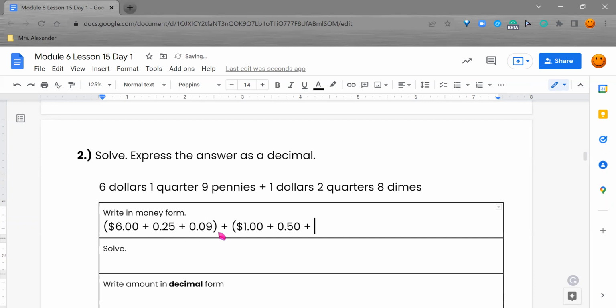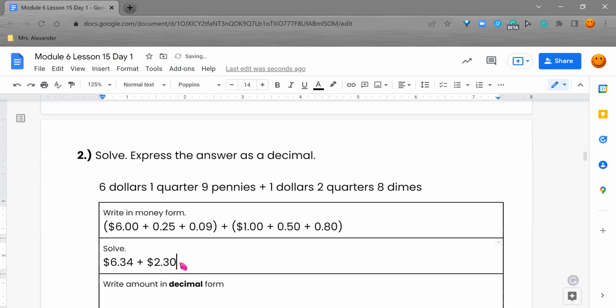And then I have 8 dimes, which is 80 cents, 0.80. There we go. Now what I need to do is add these together. So 6, 25, and 9. So I'm going to start off with $6, and 9 plus 25 is 34. So 34 plus $1 plus 80 is $1.80 plus 50 is $2.30. $2.30. I forgot my dollar sign.